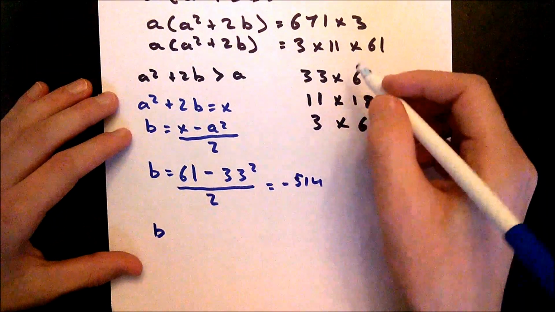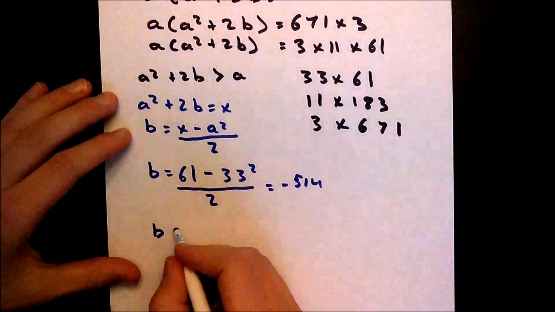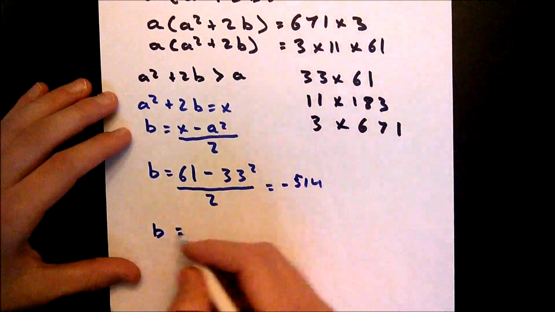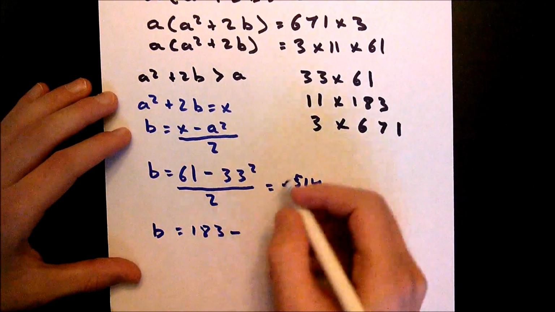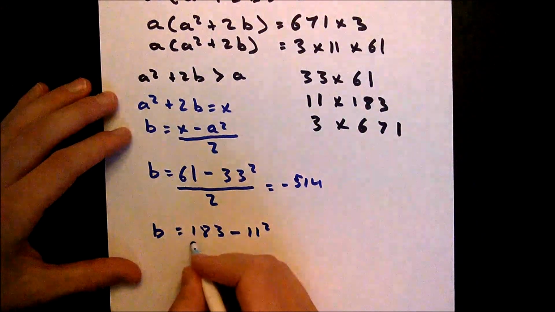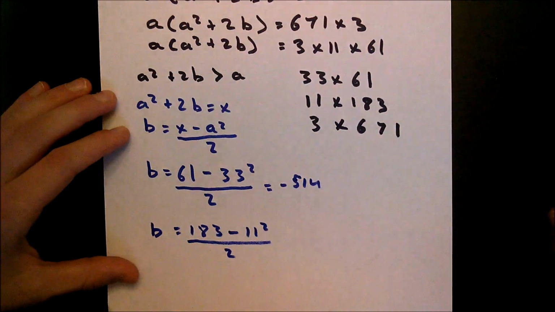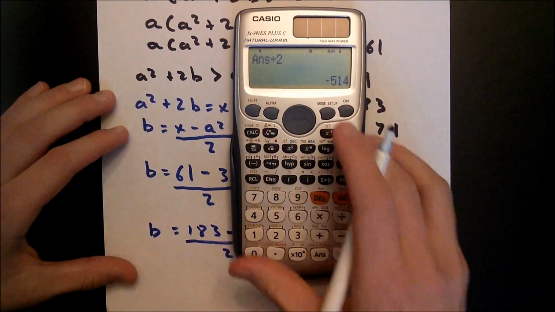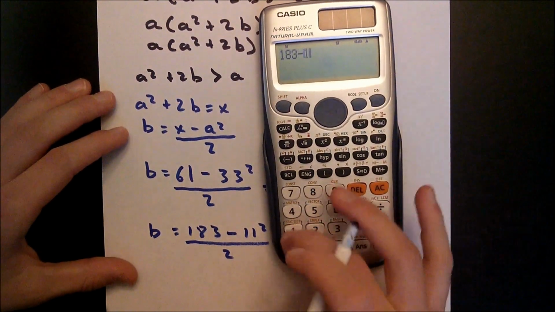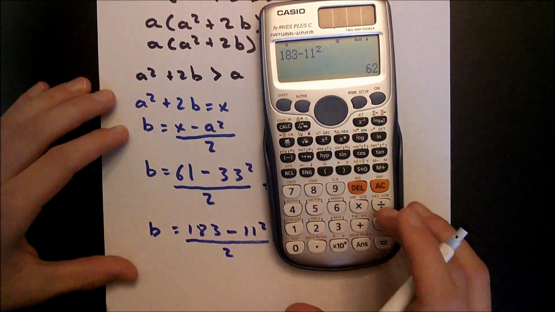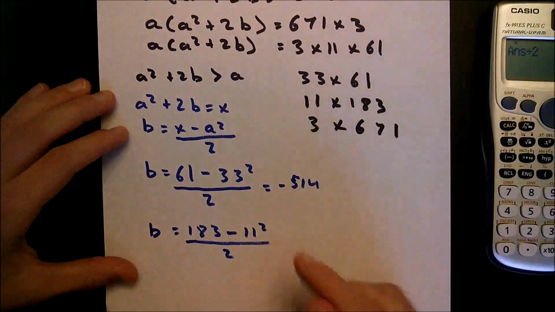Using the next pair of numbers, b equals 183 minus 11 squared over 2. So let's put that into the calculator. 183 minus 11 squared, divided by 2, and we get 31.